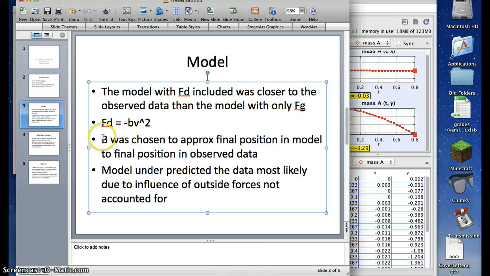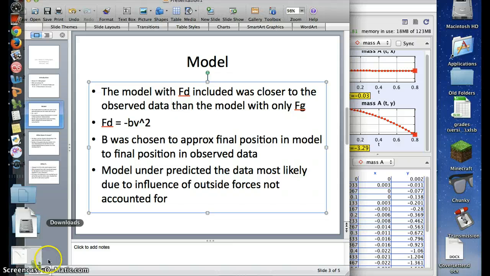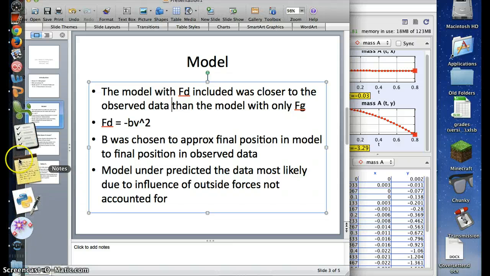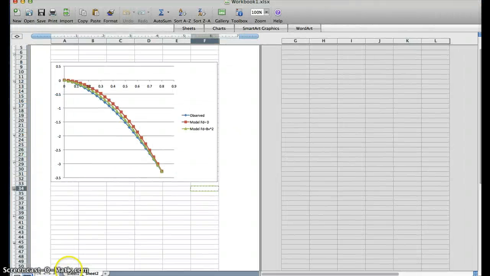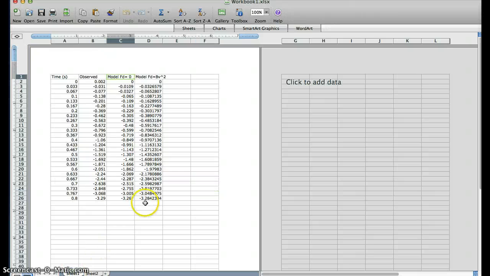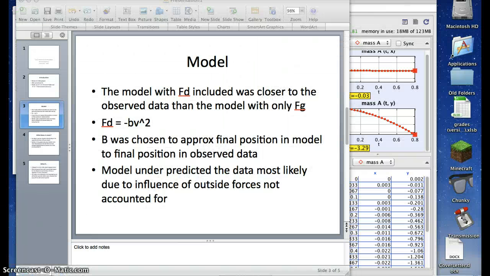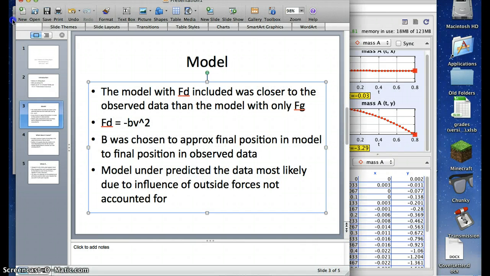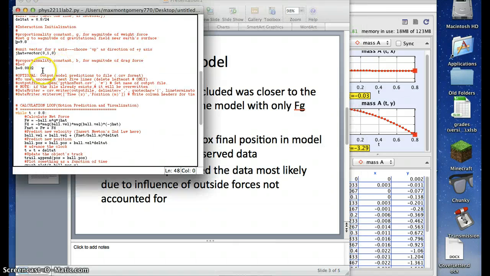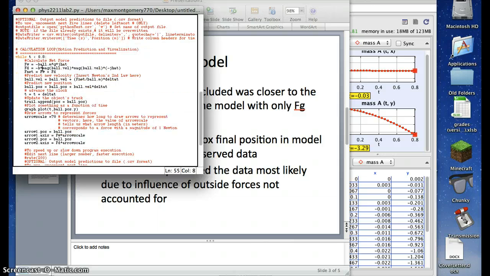As I say here, my b was chosen basically to approximate the final position of the observed data. You can see that here, trying to get it to about 3.29, 3.3, somewhere in that area. So that's where I selected my b. It was very small, so it may not have been entirely correct, but it was the best for that approximation.